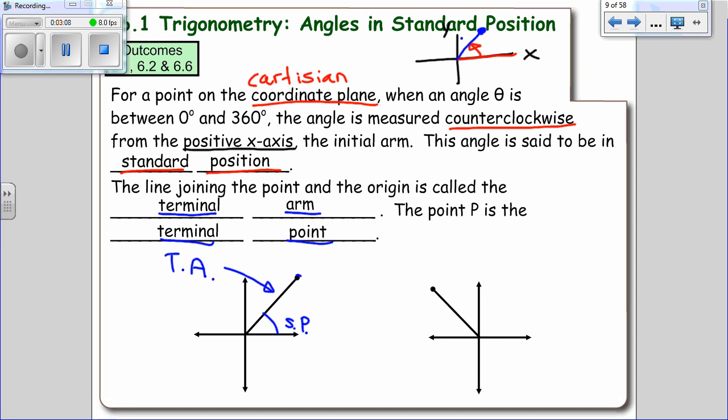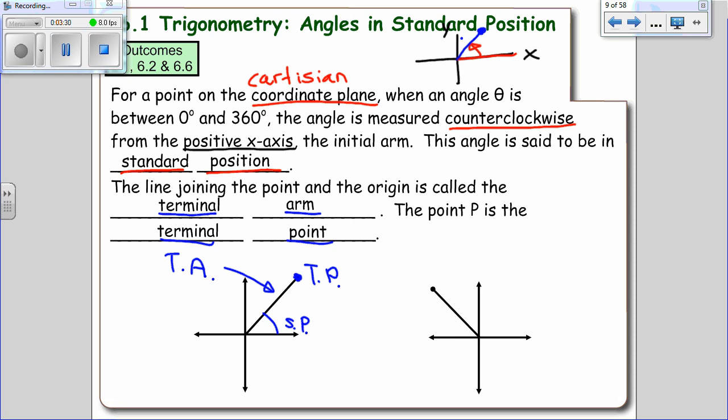This point would be the terminal point. That makes sense? Pretty basic. We need to all be on the same page at all times with definitions, or else this unit gets crazy. So if you have a question about a definition, just ask.